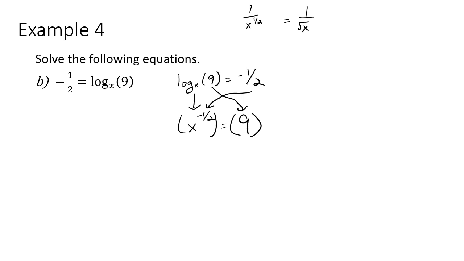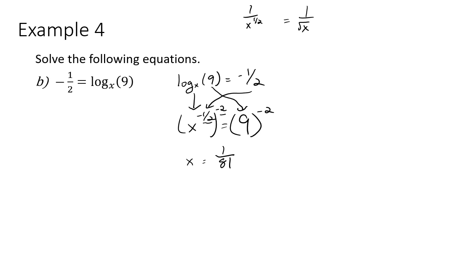And the reciprocal of negative 1/2 would be negative 2. If I do that, multiply the exponents together, negative 1/2 times negative 2 would be a positive 1, or just x, which is the point. And then 9 to the negative second power would be 1 over 9 squared, or 1 over 81.